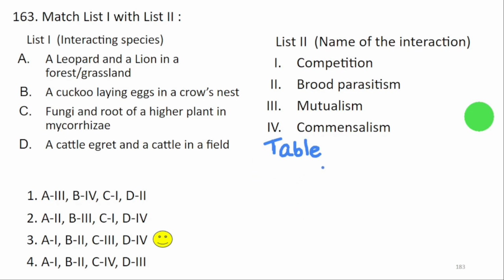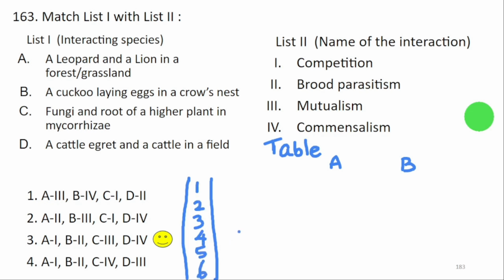So there is species A and species B, and here is the name of 6 different types of interactions. 1, 2, 3, 4, 5, and 6.